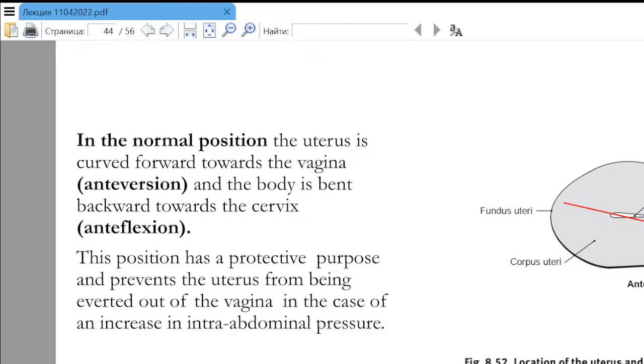This position has a protective purpose and prevents the uterus from being evicted out of the vagina in the case of an increase in intra-abdominal pressure.